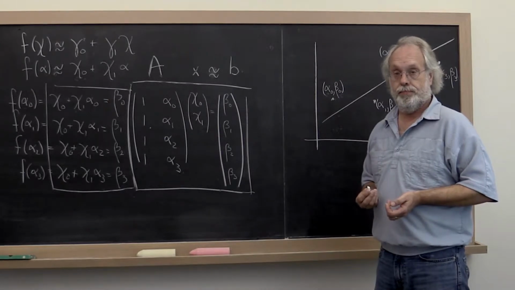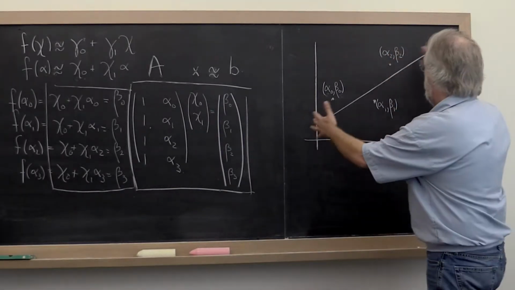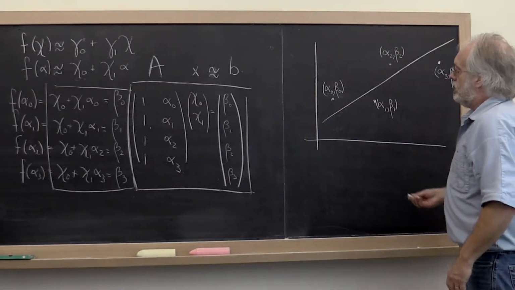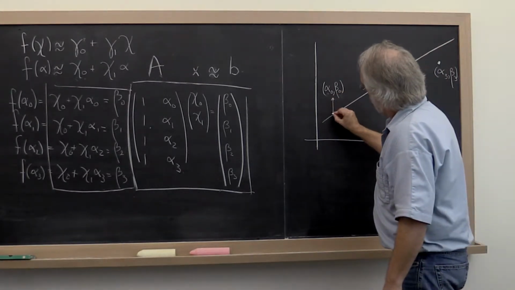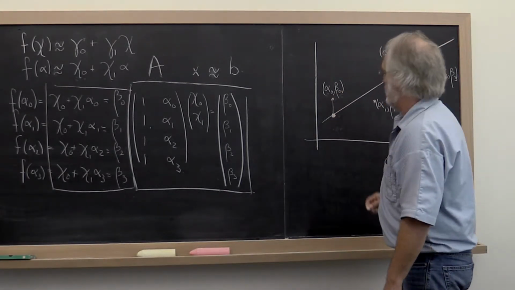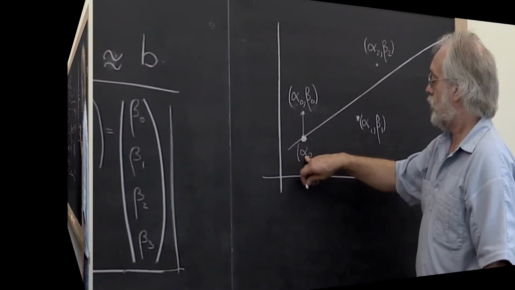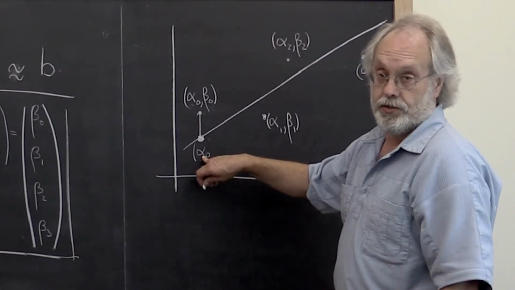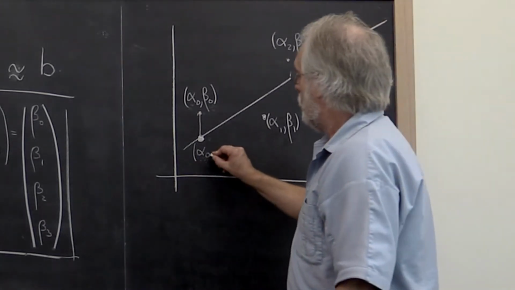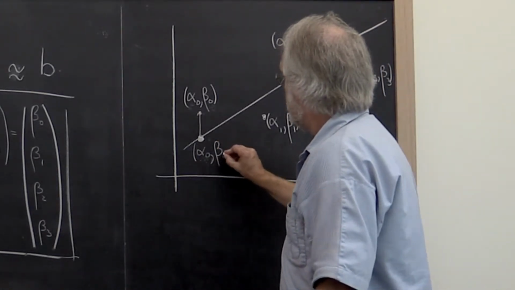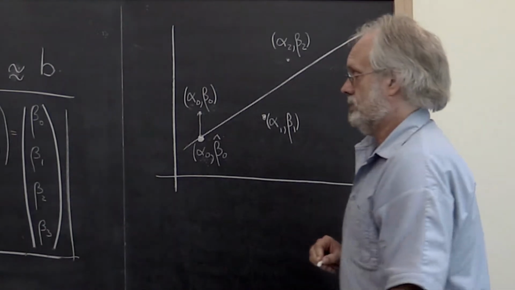If we go back over here, then notice that we can drop this point down to the point on the line, and notice that that point still has the first coordinate alpha 0, but the second coordinate now is beta 0 hat.